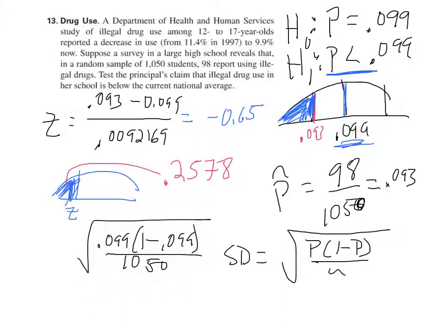So mathematically we can't reject H0, which means the principal's claim that her school is below the current average probably isn't true. Okay, she just got a good sample that showed it was lower, and it's not statistically significant.